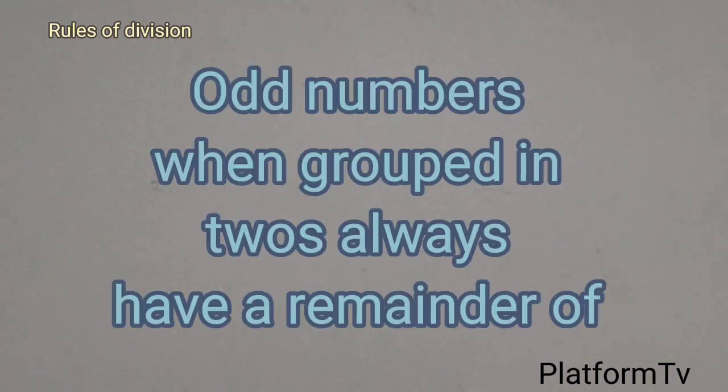Odd numbers, when grouped into groups of 2, will always have a 1 spare. So, when grouped by 2s, even numbers have no spare. But when grouped into 2s, odd numbers have a spare, single 1. And that one is called a remainder.